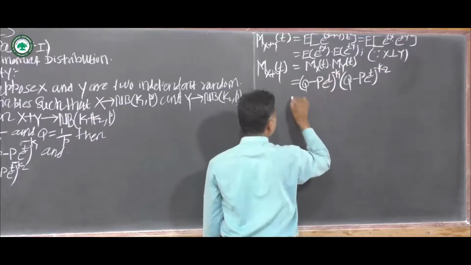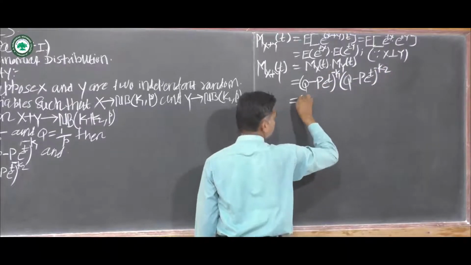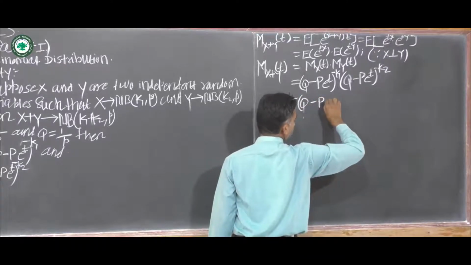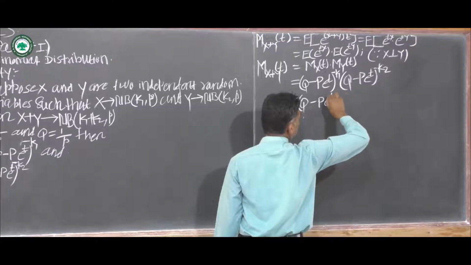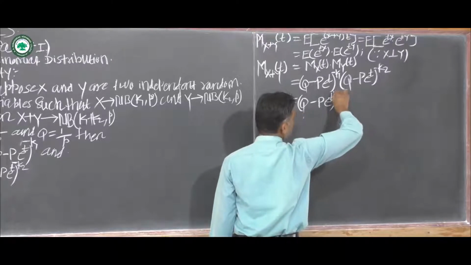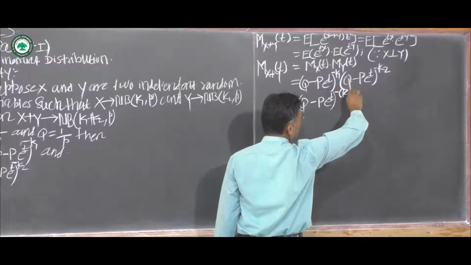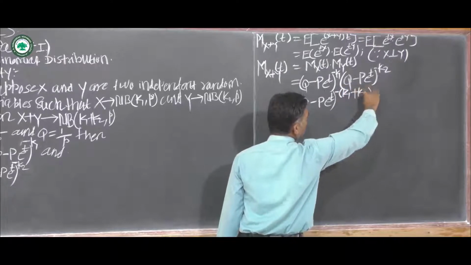Now this can be written as (Q minus P e^t) raised to minus (k1 plus k2).